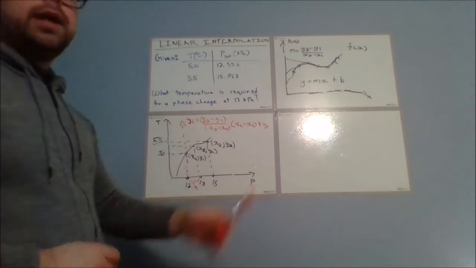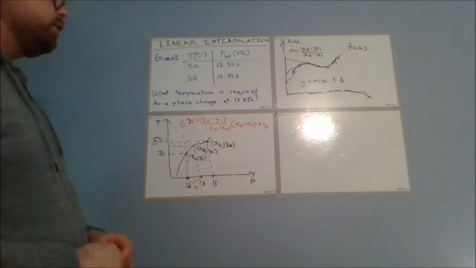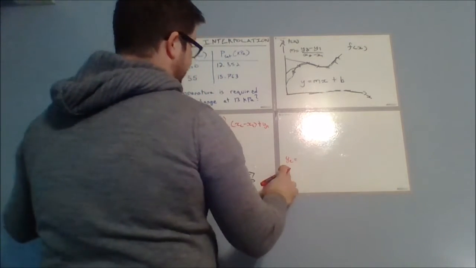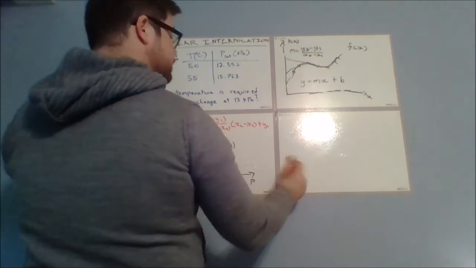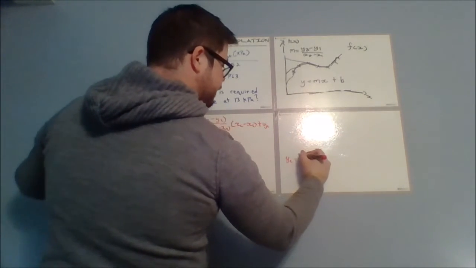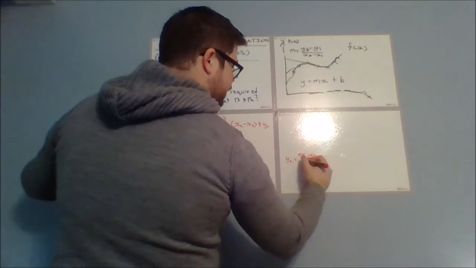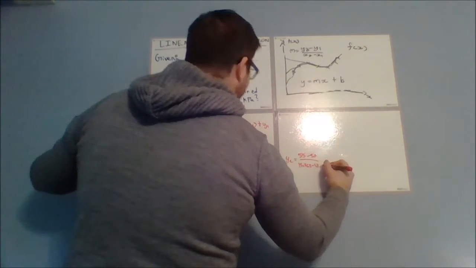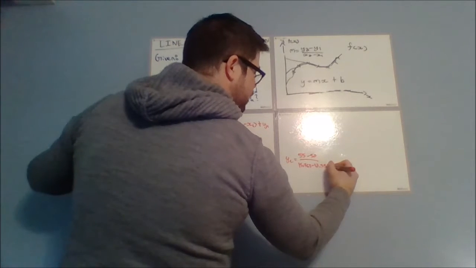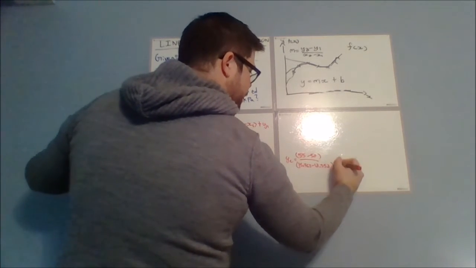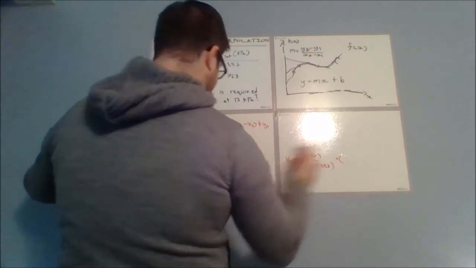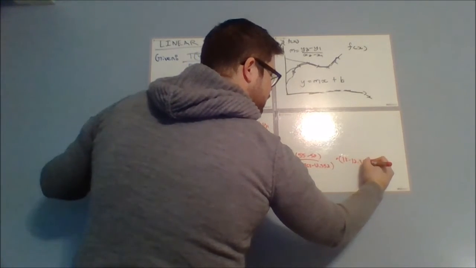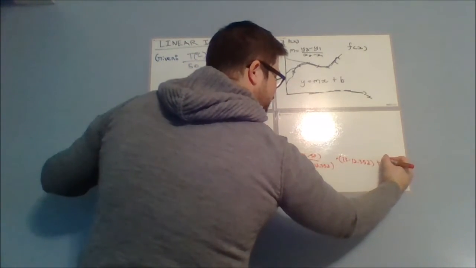So let's solve the problem now that we got our formula. We can just plug and chug, right? So we know our yc, in this case, is actually a TC, I guess, temperature in degrees Celsius, is going to equal 55 minus 50 divided by 15.763 minus 12.352 multiplied by 13 minus 12.352 plus 50.